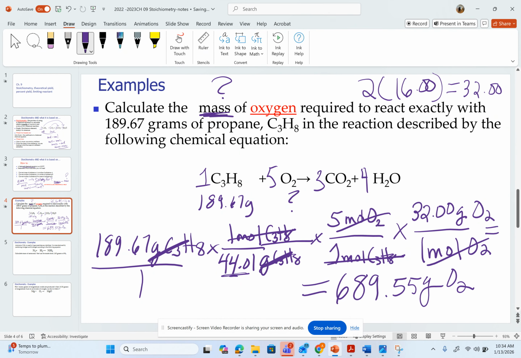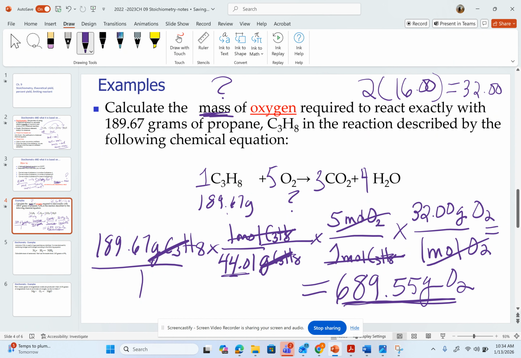So if I start with 189.67 grams of propane, I have to combine it with 689.55 grams of oxygen. That is stoichiometry.